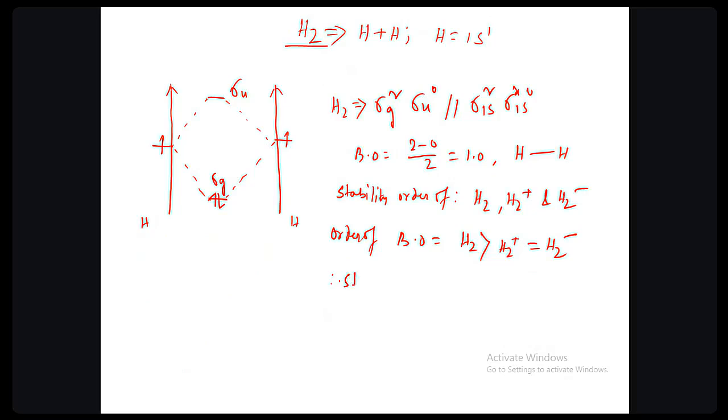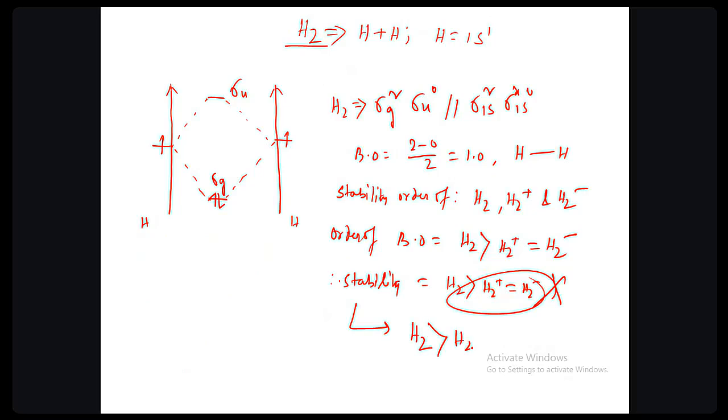So stability should be H2 greater than H2 plus equal to H2 minus. It should be, but it is not happening. So there is an exception. The actual stability order is H2 greater than H2 plus greater than H2 minus. Why? Because in H2 minus, one electron is in the anti-bonding orbital, so it is unstable. That's why H2 minus is the least stable among these.